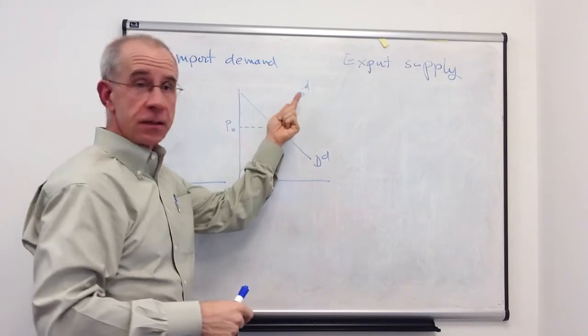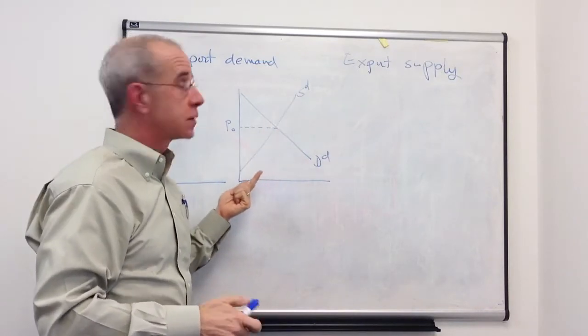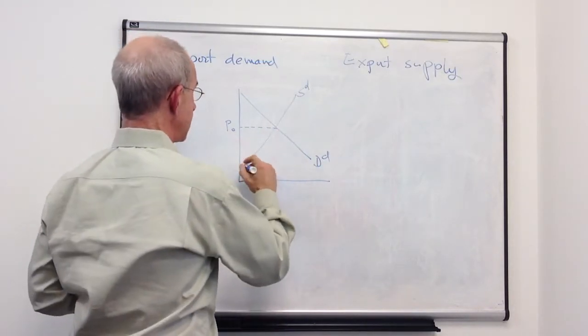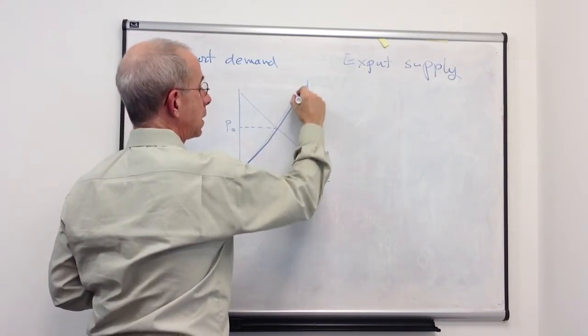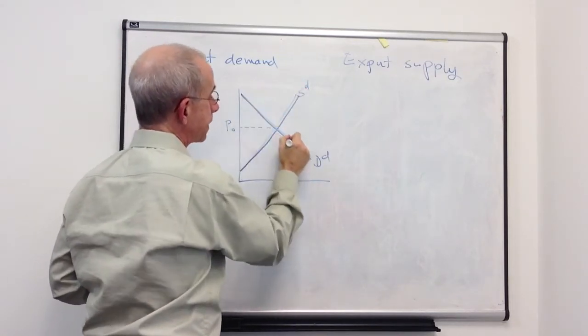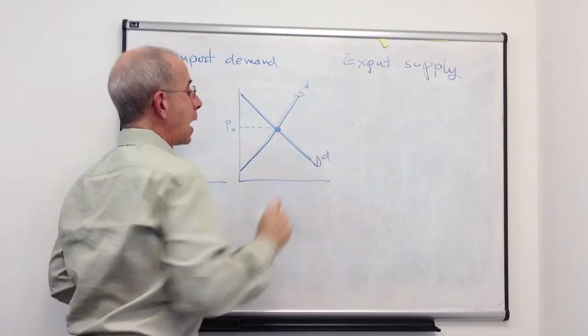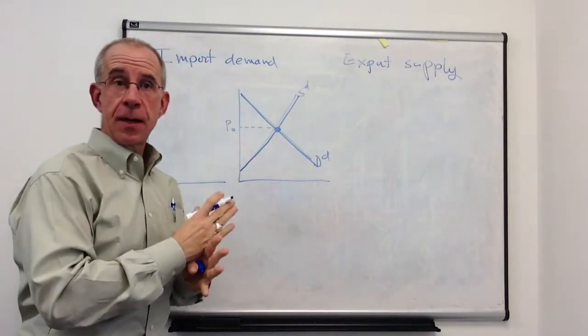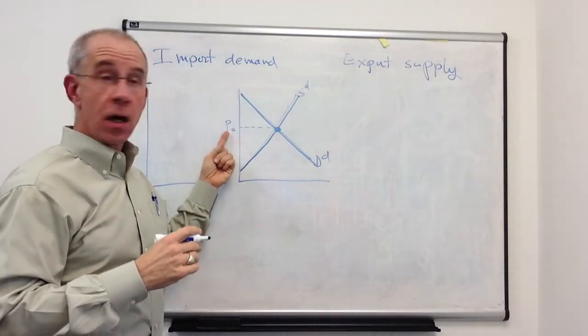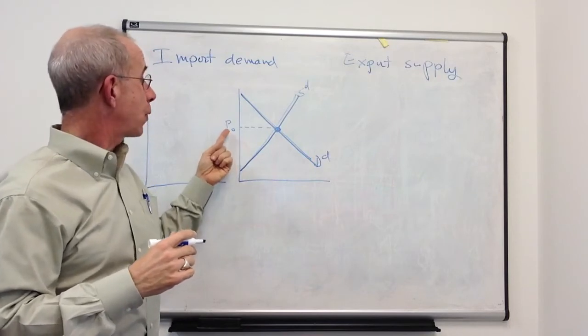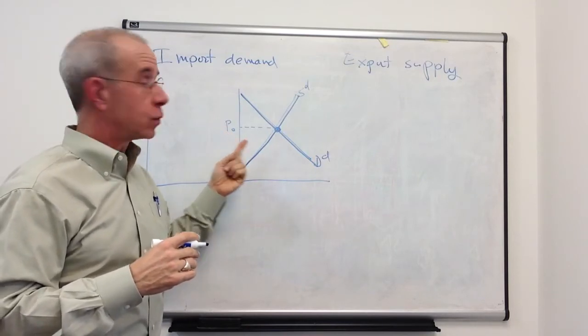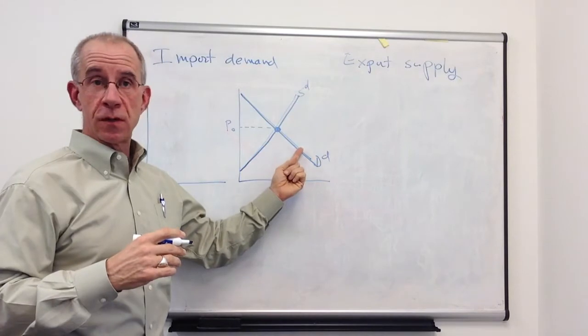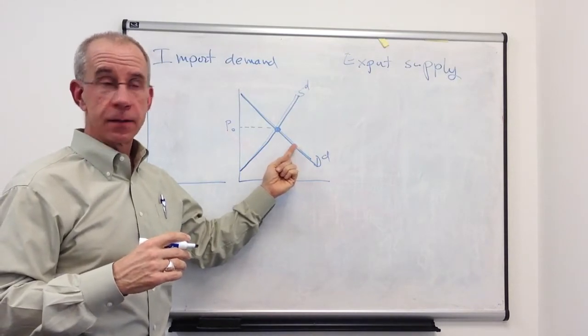On this left-hand side, we're going to be looking at this from the importer standpoint. So what I have here is the domestic supply curve and the domestic demand curve. And where the supply and demand curves meet is the autarky price. So any price below that will create a situation of excess demand.